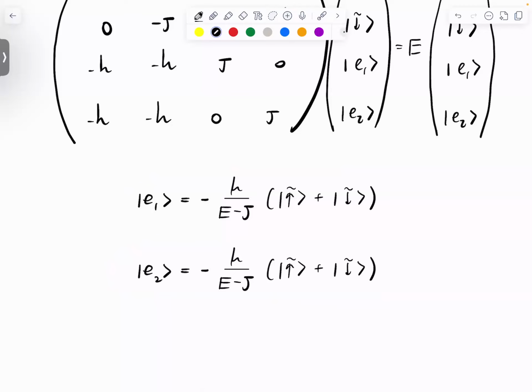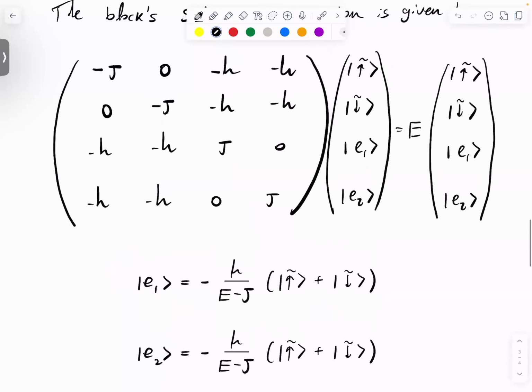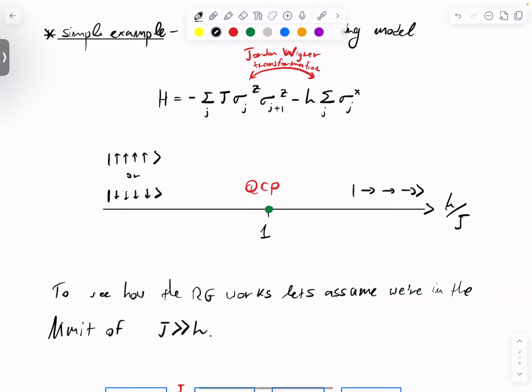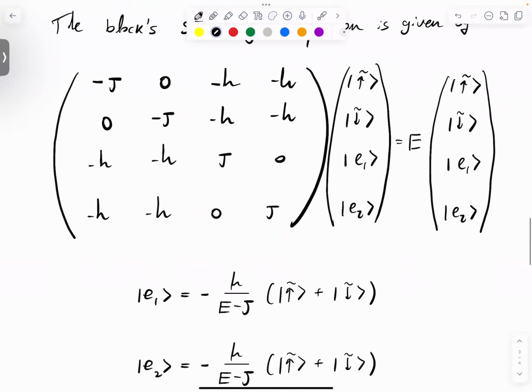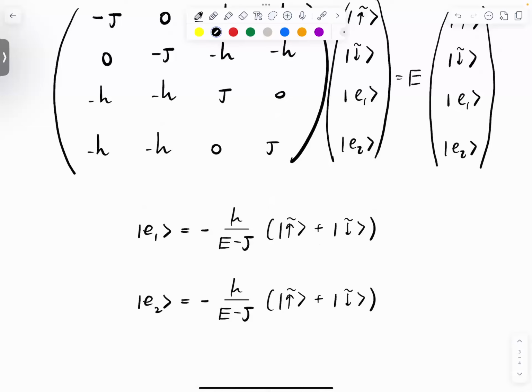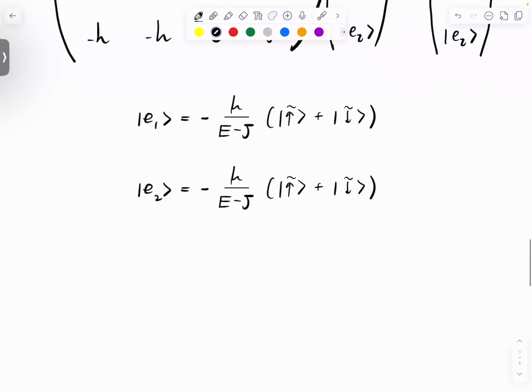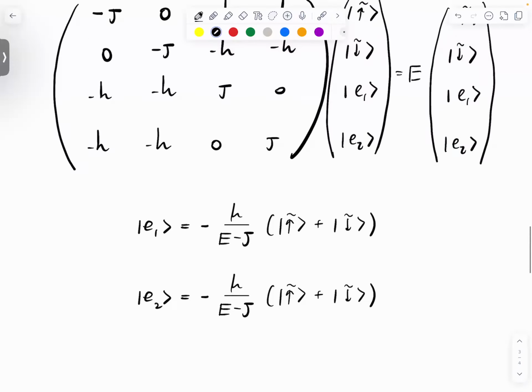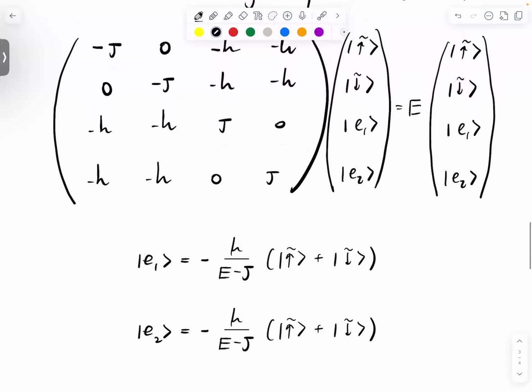Now, the next step would be to plug these equations into the remaining two equations. Is that clear? Any questions up to now?